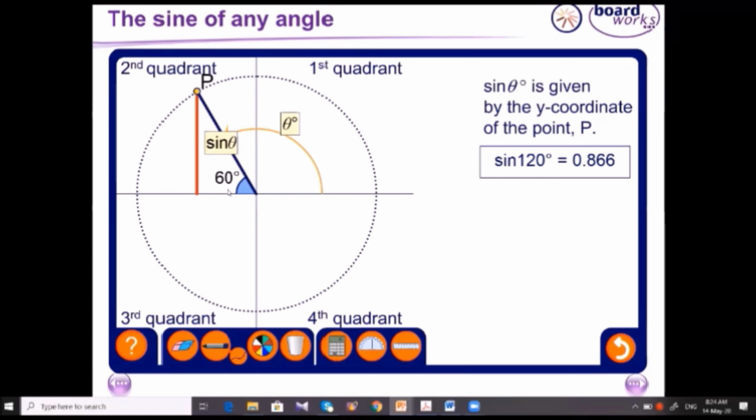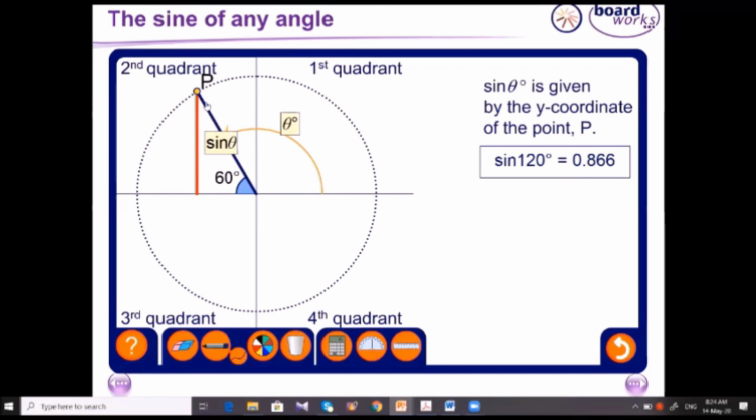Now, to do the sine of this, I would be taking the red line divided by the hypotenuse, the black colored line.